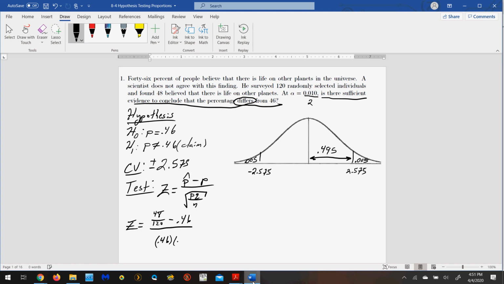So how much would you have to add to 0.46 in order to equal 1? That would be 0.54. And this is all out of your original total, which is 120. This is going to give you z equaling negative 1.32.